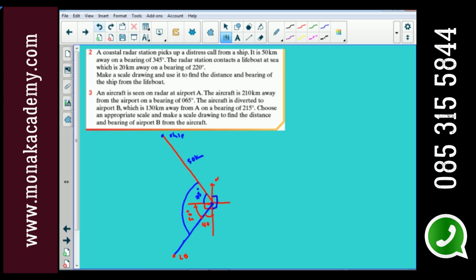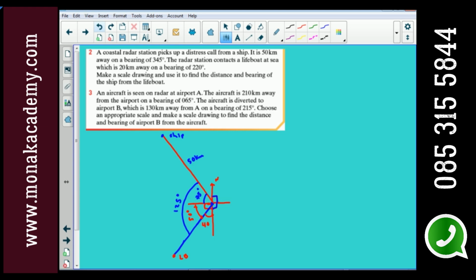How did you get 125? 50 plus 75. So this angle is 125 degrees. Okay. So we all agree on that one, right? So far that's what we know.